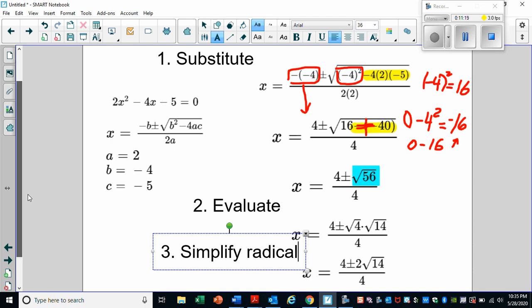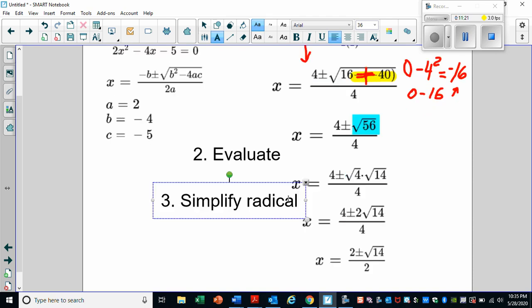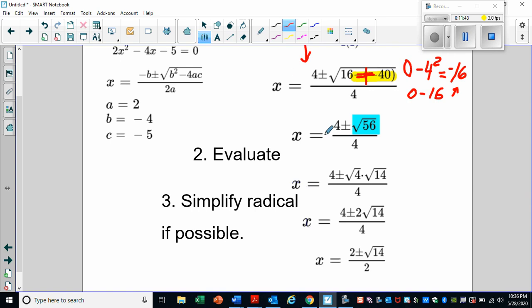Sometimes you might not be able to. And then, after that, your last step, you may need to simplify your overall expression, which here you can do some simplification, not a whole lot.